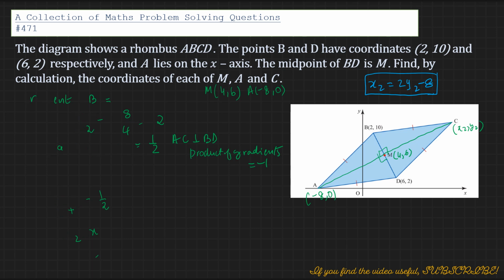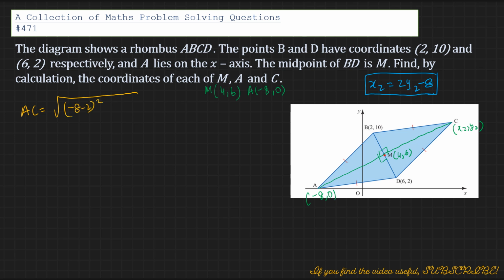So what would be the sides of the rhombus? Now that we know 3 points, we can work out what the side is. If we take AC, the distance would be minus 8 minus 2 whole square plus 0 minus 10 whole square.